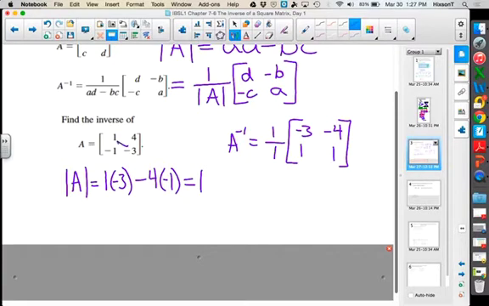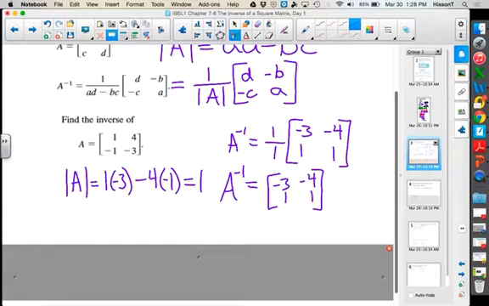So you switch these, and then you make both of these their opposite. And obviously we're just multiplying by 1, so it's negative 3, negative 4, 1, 1. And that is our inverse. Okay?